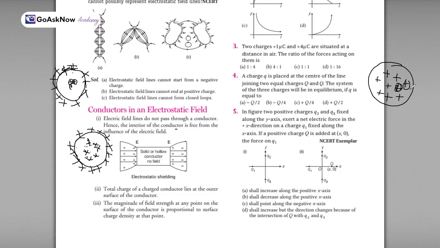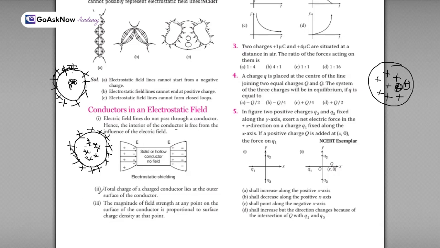They will try to bind themselves inside the body, because the insulator has a tendency to not conduct electricity or heat. So that is why, if charge is given inside them, they will reside inside the whole volume. They will not come to the surface, because they don't have the tendency to conduct electricity. That is why.